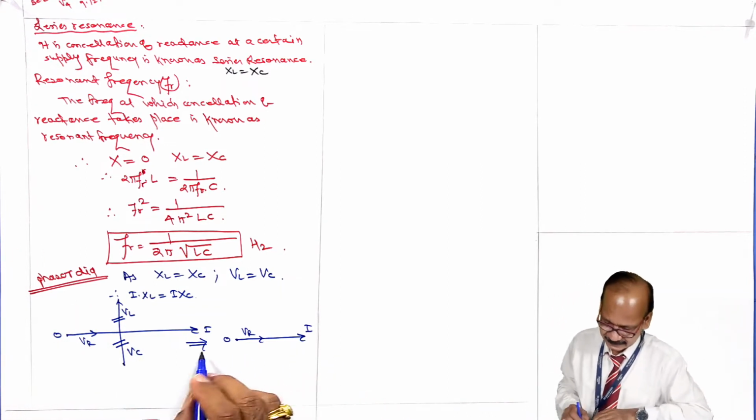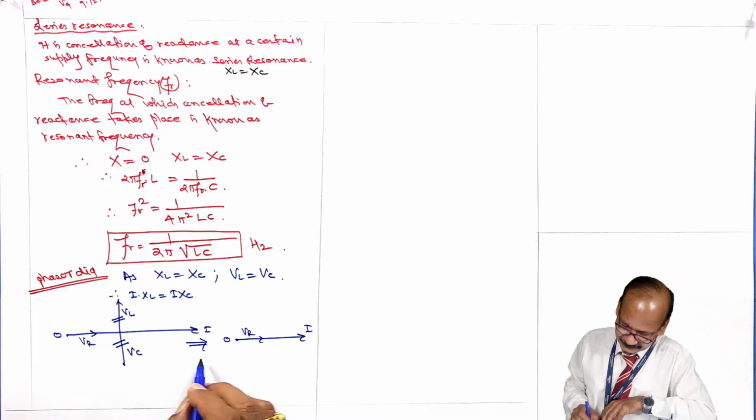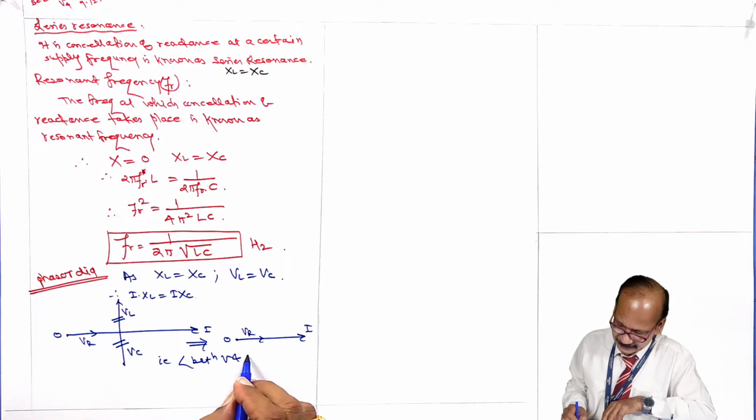So it is a unity power factor, that is angle between V and I equal to 0. Therefore power factor equal to cos phi equal to 1.